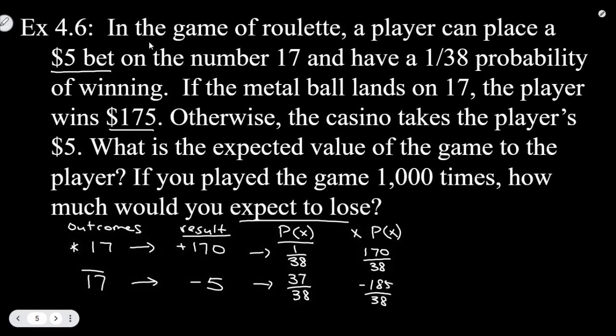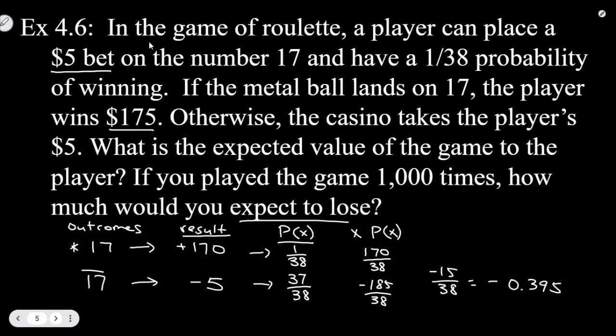If we add those together, 170 over 38 minus 185 over 38, we get negative 15 out of 38. Now let's divide that and turn it into a decimal number. It would be negative 0.395 if we round it off.